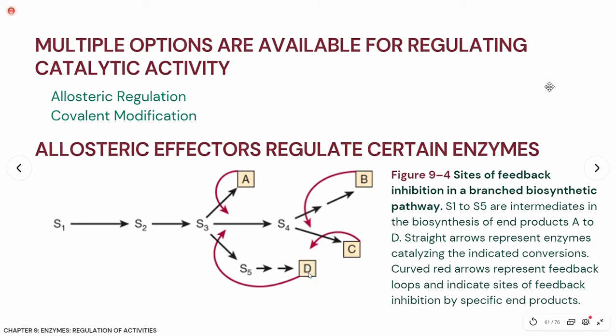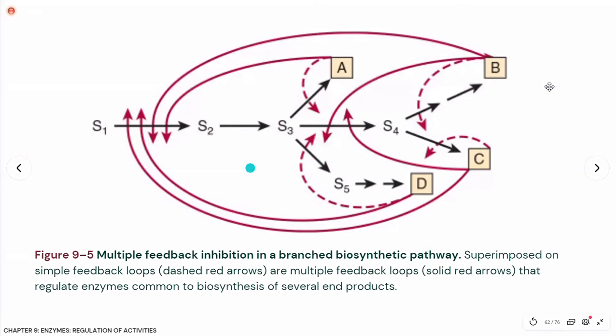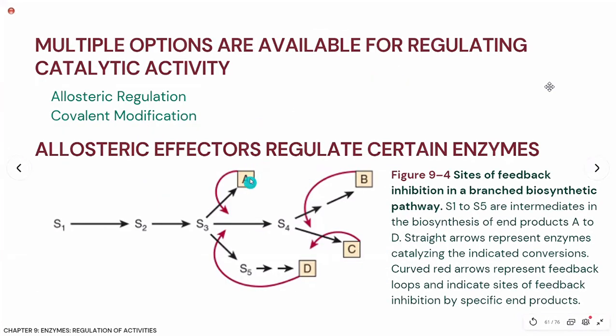Now, we have what we call product inhibition. What does that mean? It means product feedback inhibition. Supposing the enzyme here acting on substrate 3 is very, very active, and this becomes high in concentration.